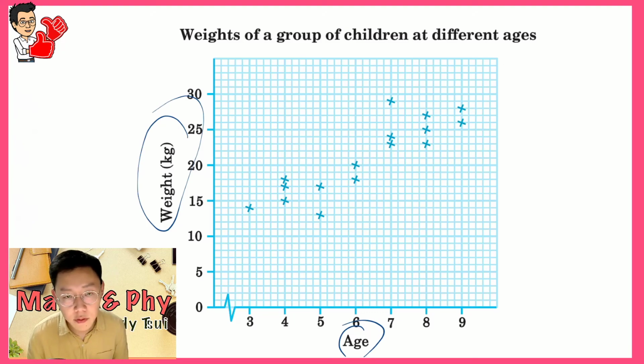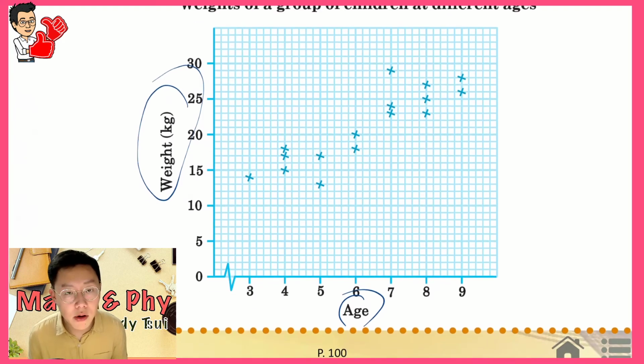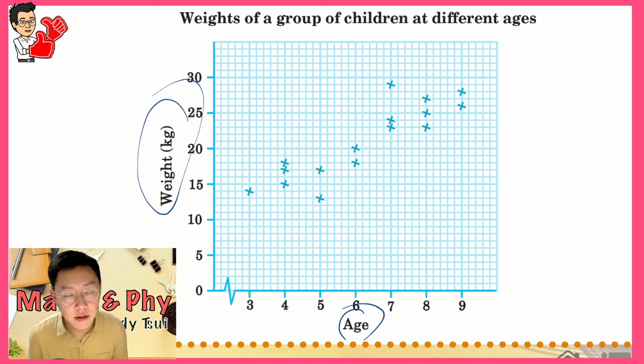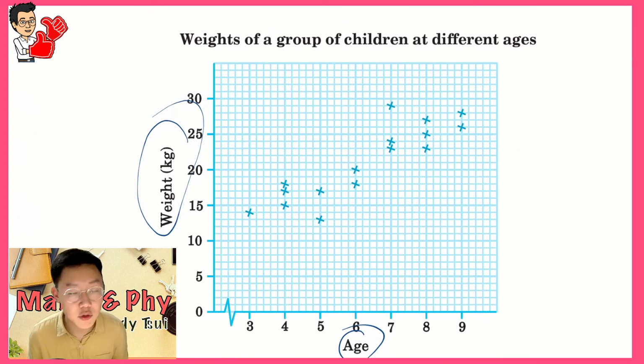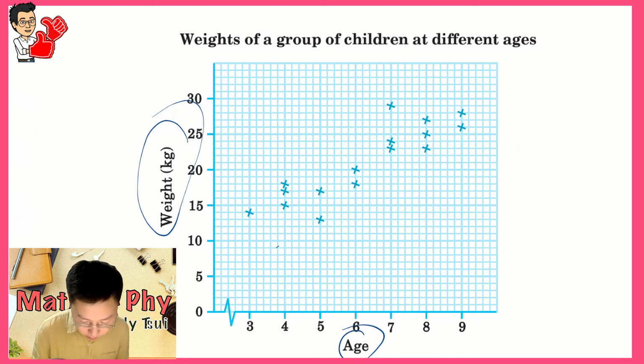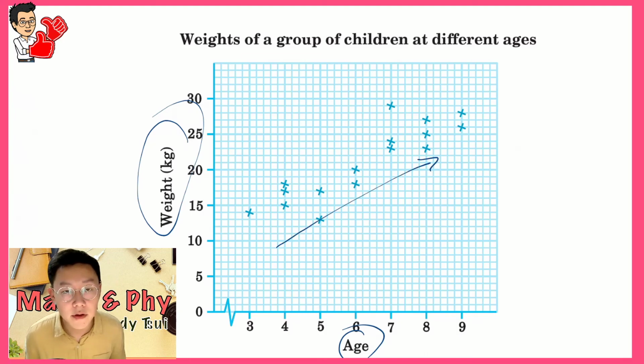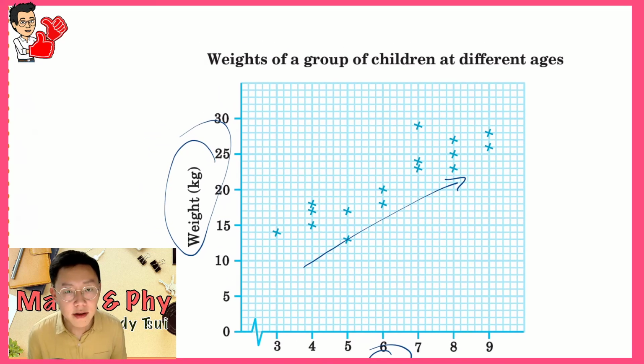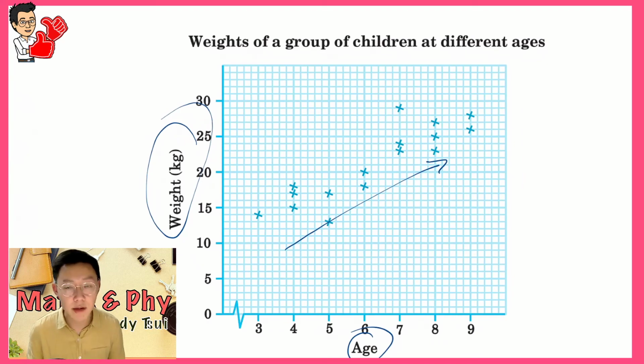This scatter diagram shows a positive relationship, which means that the higher the children's age, the higher their weight, because this one is a positive relationship. All right, so that is about scatter diagrams.